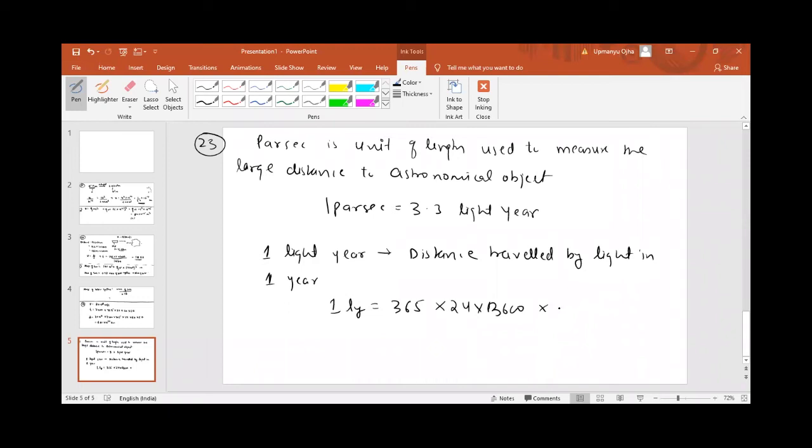The speed of the light would be how much? 3 into 10 to the power 8 meters. The distance traveled by the light in 1 year would be 365 into 24 into 3600 into 3 into 10 to the power 8 meters. That is how we can find one light year, and one parsec would be equal to 3.3 light years. So I think you understand what is parsec.